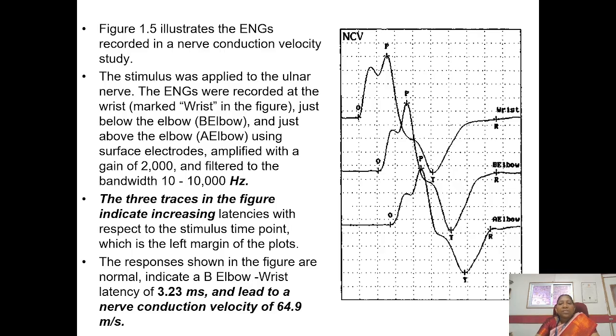Now in this figure, you can see the nerve conduction velocity measured in the wrist region, above elbow region and below elbow region. Here there are three different traces, and in them there is some latency period. Latency means the time taken between giving the stimulus and getting the response.